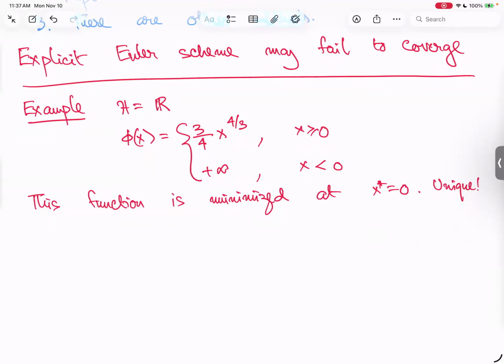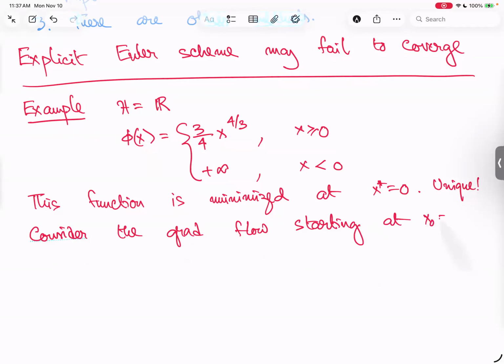Now let's start my gradient flow from x0 equals 1. Consider the gradient flow starting at x0 equal to 1. So I have to compute the gradient of this function.